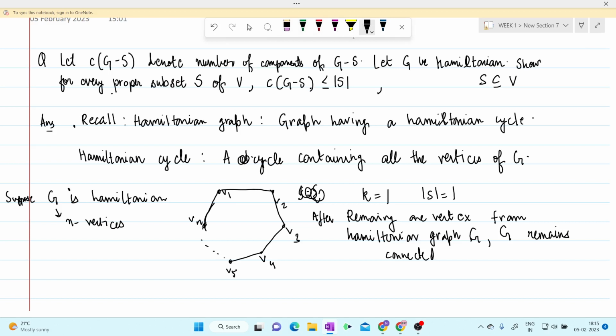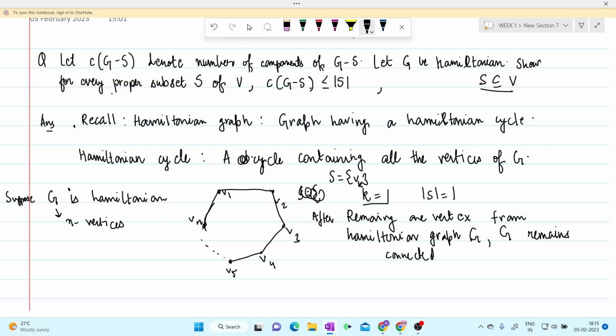So we are first doing it for k first. So this is a question where S is some subset of vertices. First we are trying to prove this theorem when S has just one vertex. Suppose S is Vk. So now if we remove one vertex, the number of connected components should be less than or equal to 1.